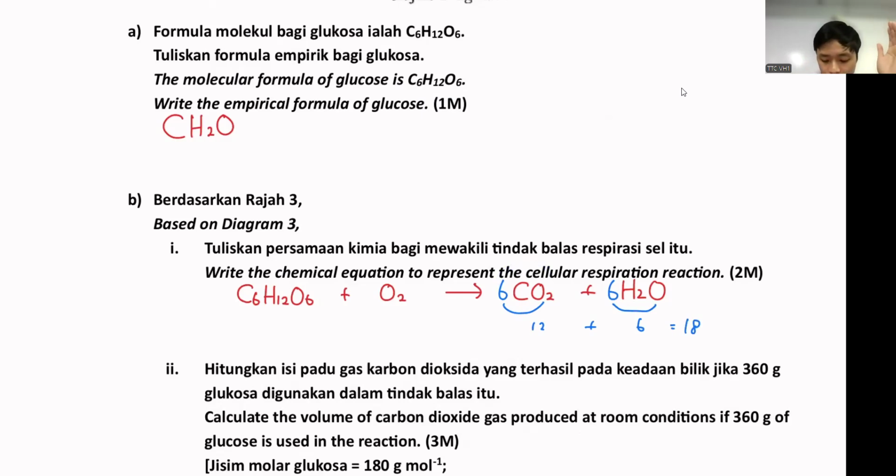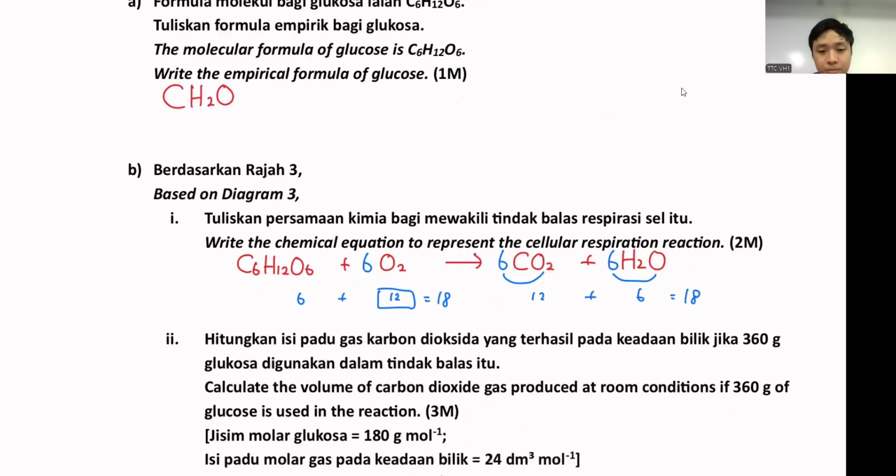At the left, there is 6O plus 12 equals 18. So 2, how to become 12? Multiply by 6. Now, this is the balanced equation for this cellular respiration reaction.